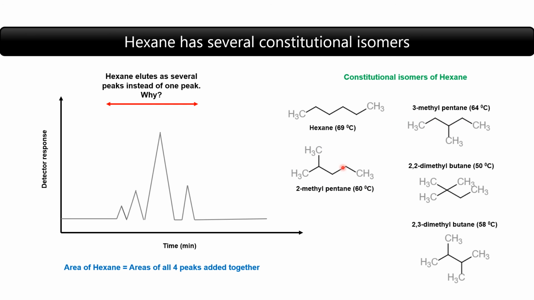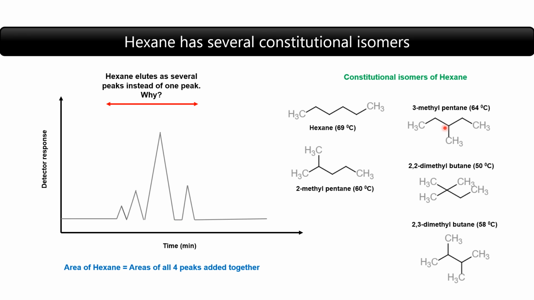And since their structures are a little bit different, and the structure plays a part in deciding what the boiling point of the molecule is, they have slightly different boiling points. And this causes the hexane to elute as separate peaks instead of one peak.